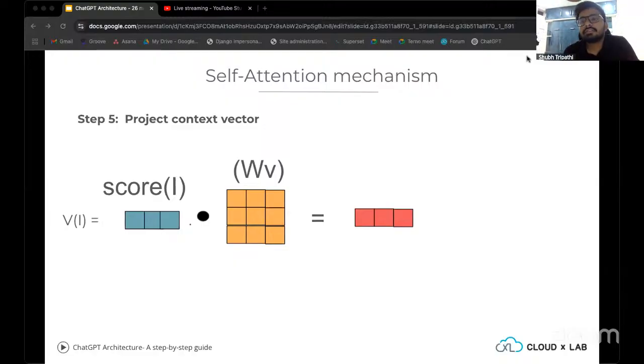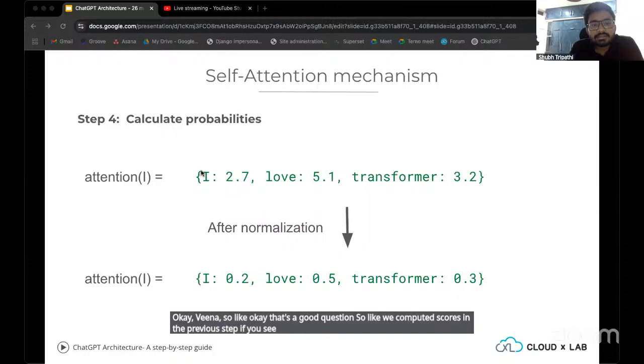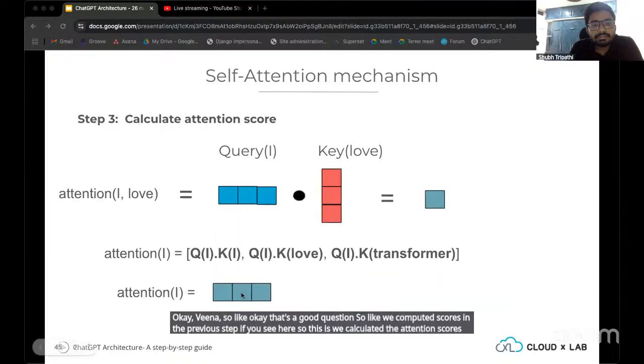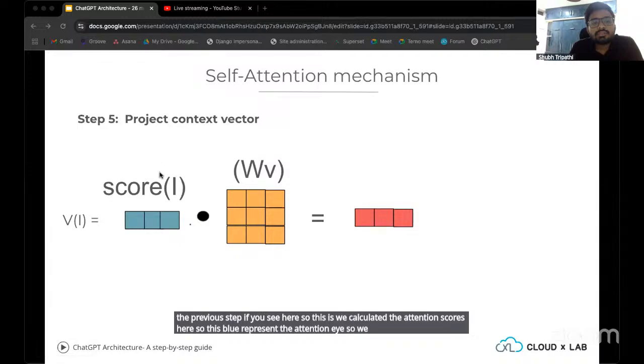We have a doubt. How do we calculate value embeddings? Okay, Veena, that's a good question. We computed scores in the previous step. If you see here, we calculated the attention scores here. We just use this score and take a dot product of this score with the matrix WV.